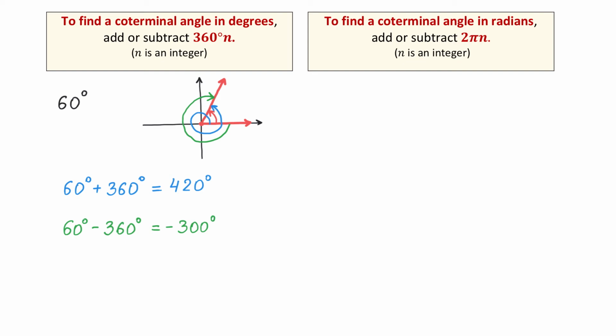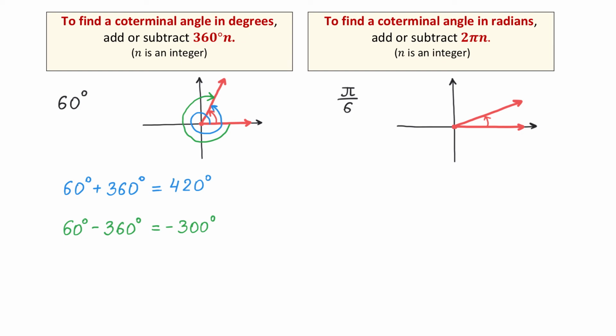Now let's see how we can find coterminal angles in radians. We will start with the angle of pi over 6 radians. Let's draw the angle, and the initial side will be on the positive x-axis, and the terminal side will be in quadrant 1.